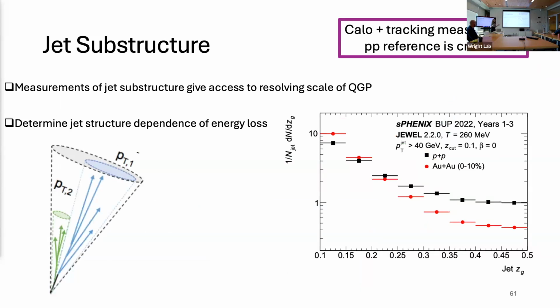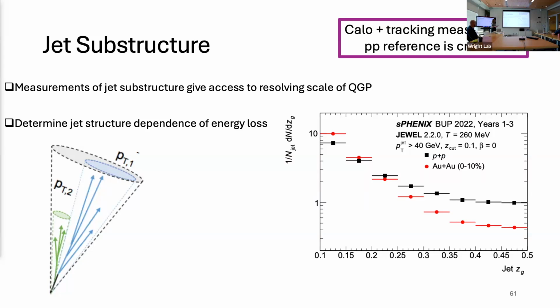And so, speaking of jet substructure, in photon jet systems, you can look at it also in inclusive jet systems. You can basically try to ask, what is the resolving power of the QGP? Is the QGP seeing a two-pronged structure here, or is it seeing it as a single object? How is the shape of what the jet fragments into affecting the energy loss?